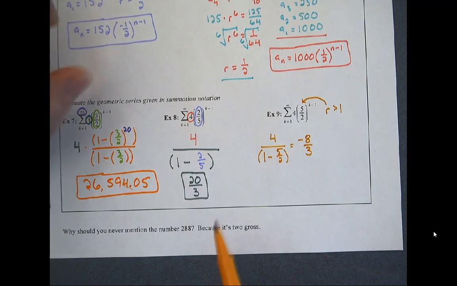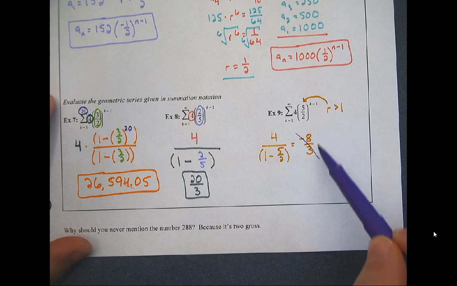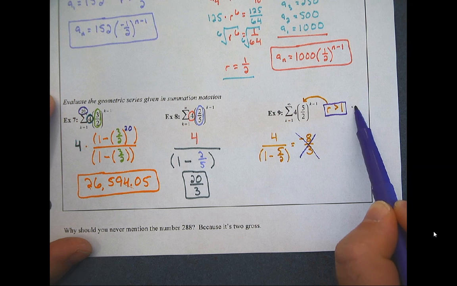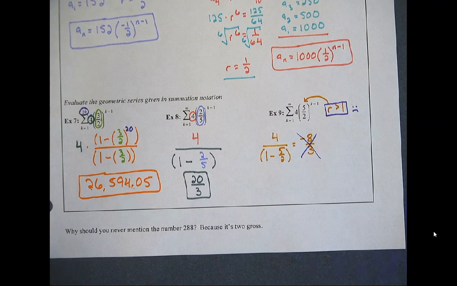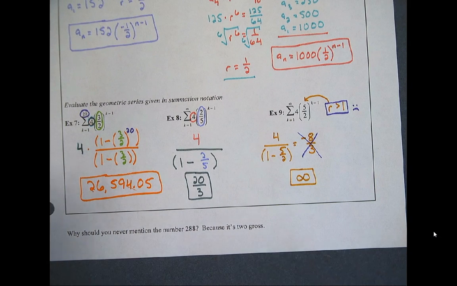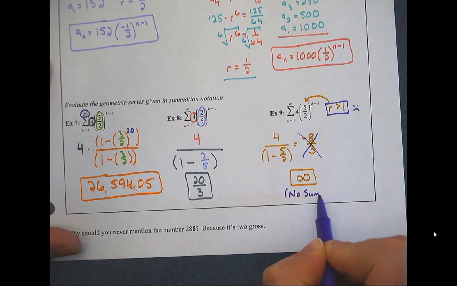So you can actually get an answer here, but it's incorrect. It's not the right answer, and that's because you are not allowed to use this formula unless r is less than 1. So if r is greater than 1, you don't have a sum. This would add up to infinity. Or if you wanted to write, you could write no sum either. That'd be fine. No sum.